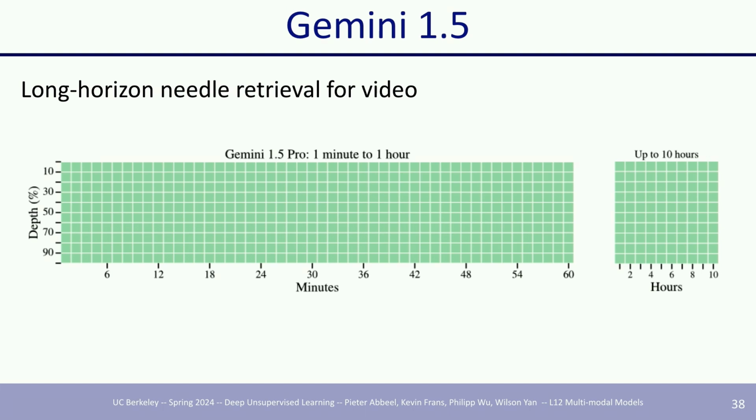So depth is where the needle is inserted, and the x-axis here is just the length of the video that it was trying to process and retrieve from. In general, the task is not too hard, but still pretty impressive that it can do this pretty perfectly over really long contexts. And I think on the right it even went up to 10 hours, which is pretty crazy.